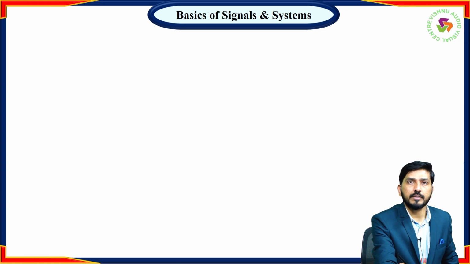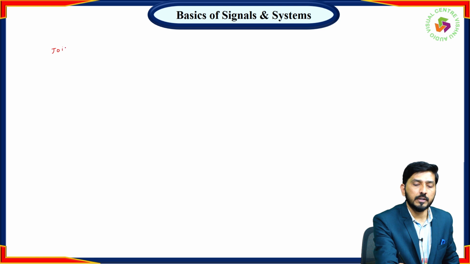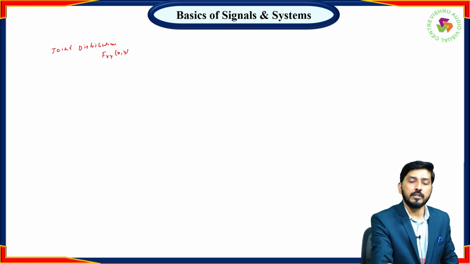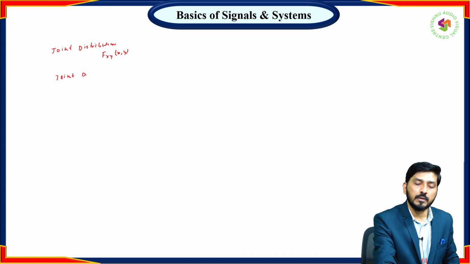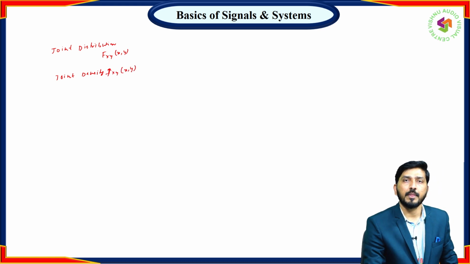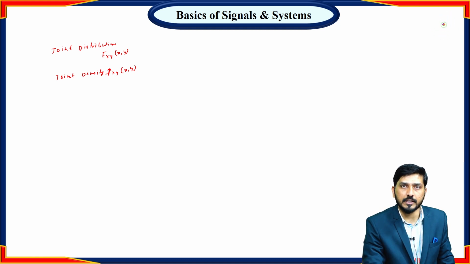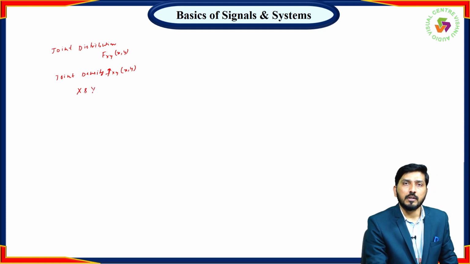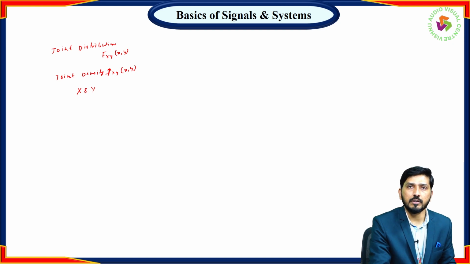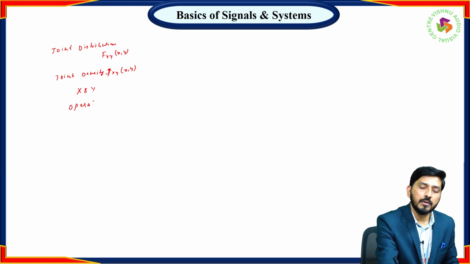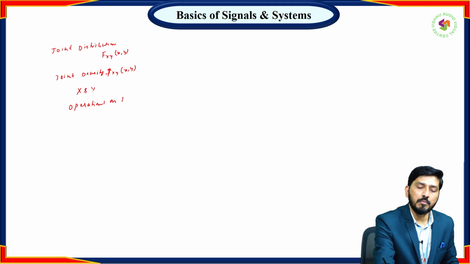In the last class, we have seen joint distribution F_XY(x,y) and joint density function f_XY(x,y), and we have seen problems related to distribution as well as density to find the behavior of two random variables X and Y. So in continuation to the joint distribution and joint density function, today we are going to explain operations on multiple random variables.